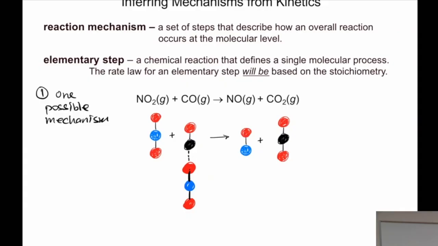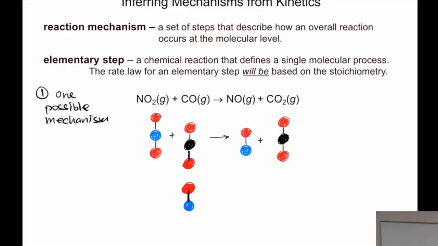We're going to form a transition complex here. And then in that transition complex, when it resolves, we need to take the bottom one. When it resolves now, this one is going to be bonded here, and then this one's left alone, and that's what the products are.